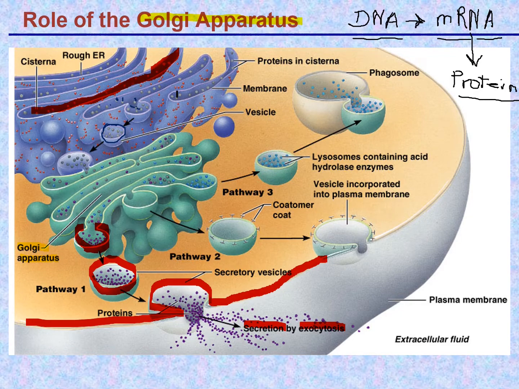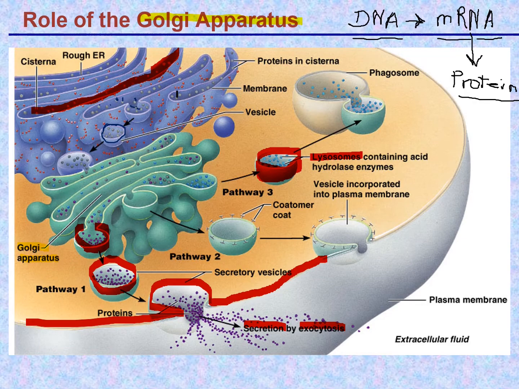Some proteins are packaged into vesicles, but the vesicles stay inside the cell. An example of that would be proteins which stay inside another type of organelle called a lysosome. Lysosomes contain hydrolytic enzymes.